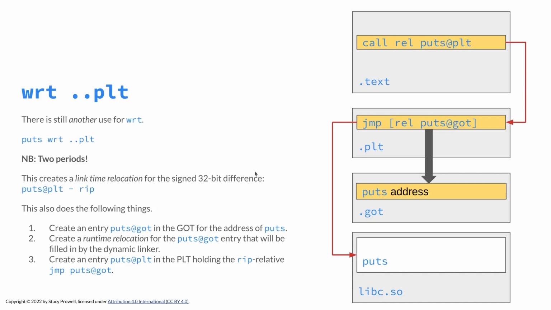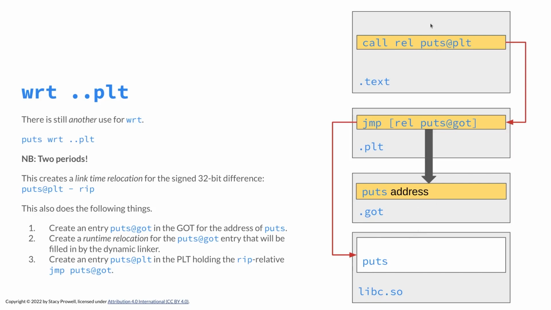Alright, let's see what that looks like. Up here in my text section, I say call puts with respect to PLT, and that creates this jump instruction along with a link time relocation that points to this slot in the GOT, which holds a runtime relocation for the address of puts, which is actually in another file.